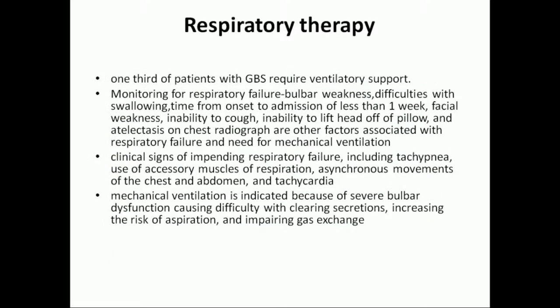So we have to monitor the respiratory system, because this patient may have oropharyngeal weakness, with a lot of secretions going into aspiration and pneumonia, or they may have affection of the respiratory muscles leading to respiratory failure. So what are the signs which tell you that these patients may go into respiratory failure?